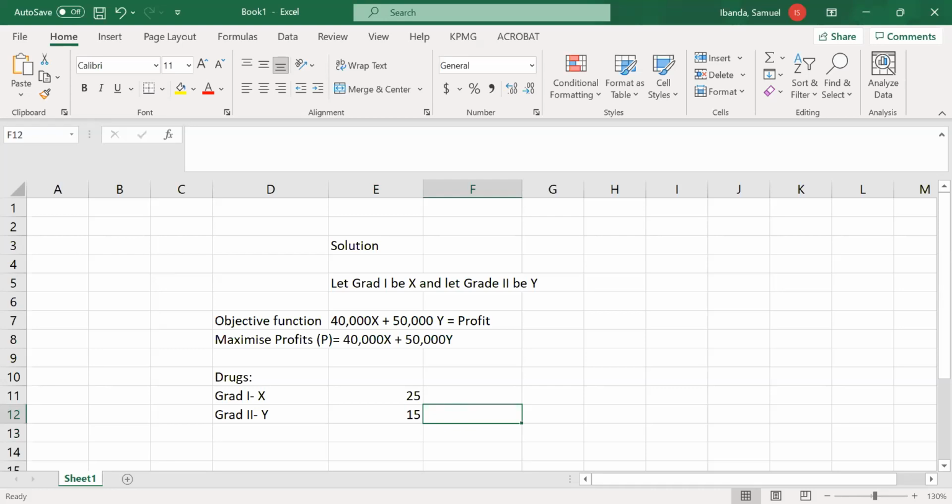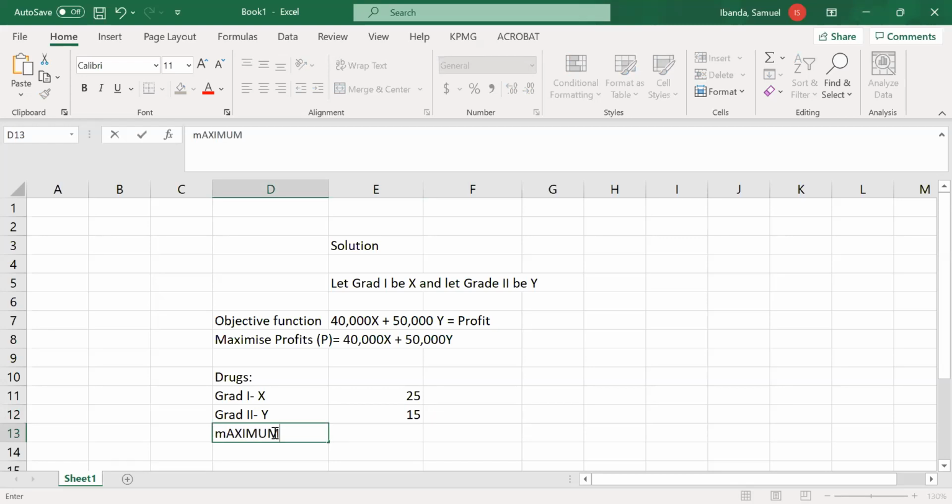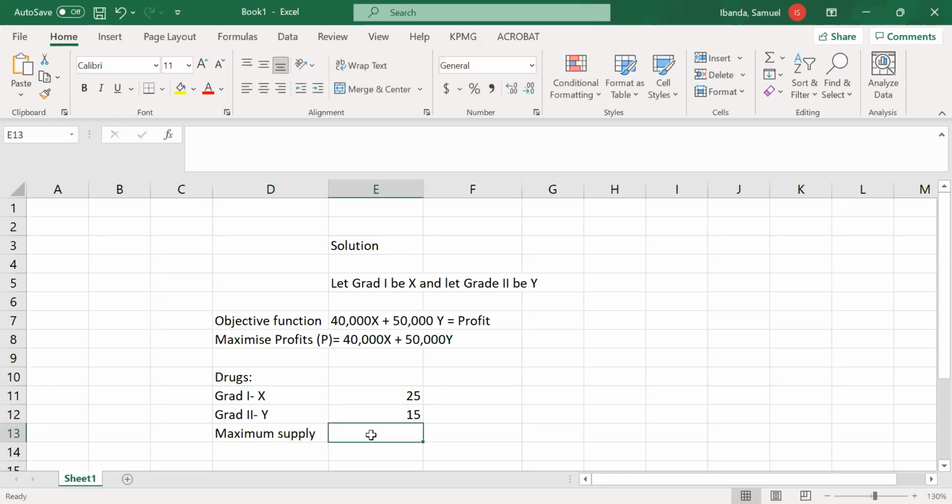But then they have also told us what the maximum is. So the maximum supply is 750. And these are in kgs.